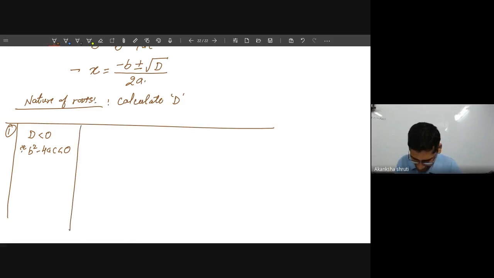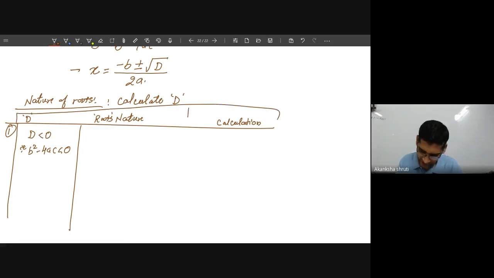If it is negative, how are the roots? This is the discriminant D value we are calculating. We will write the root nature and its calculation, what those roots are. The table will extend something like this.